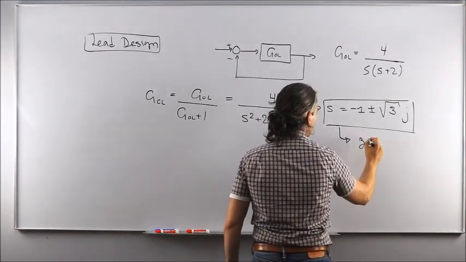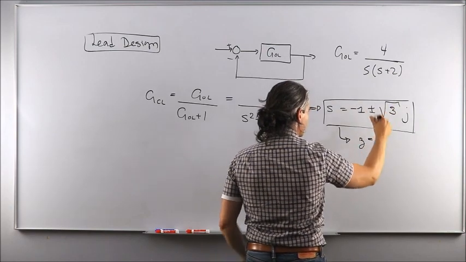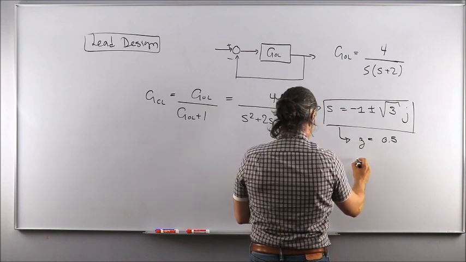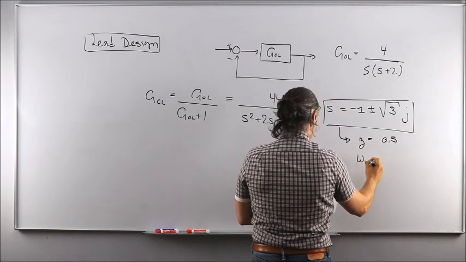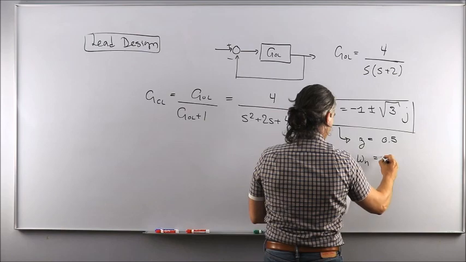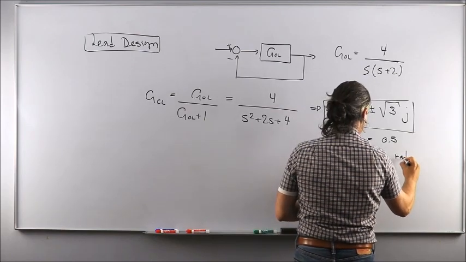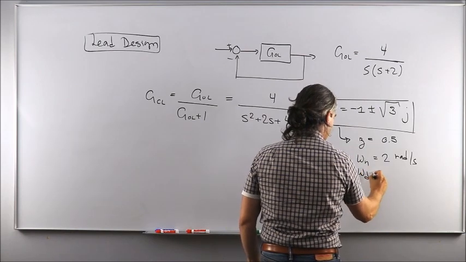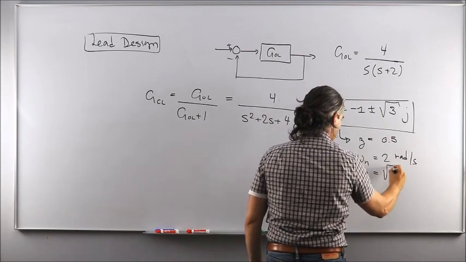So zeta for that particular pole location is going to be 0.5. We have an omega n equal to 2 radians per second. Omega d is obviously simply the imaginary part, so that's square root of 3.